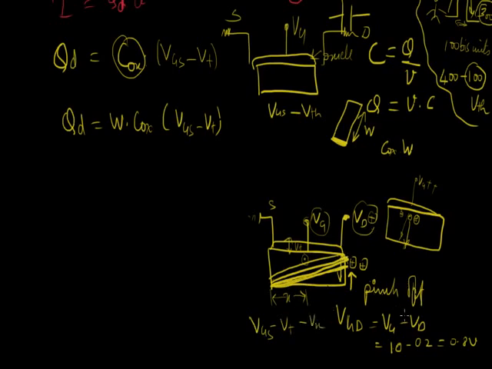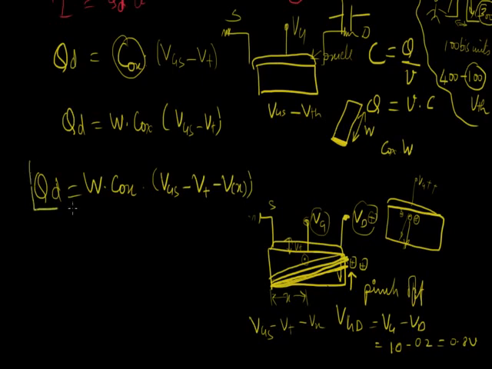If it was here, we could have called it Vd, but if it's in the middle, let's call it Vx. So now, your QD is going to be W times Cox, VGS minus VT minus V of x. This is the effective charge for an electron at the distance x.